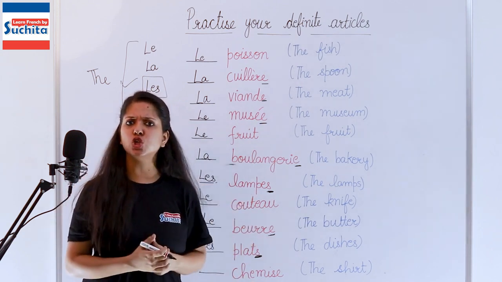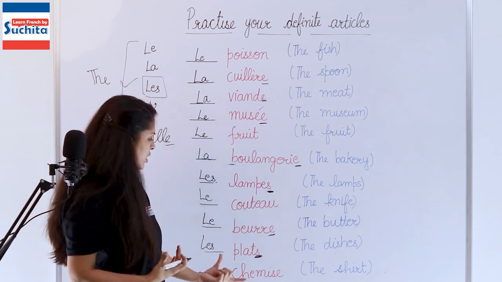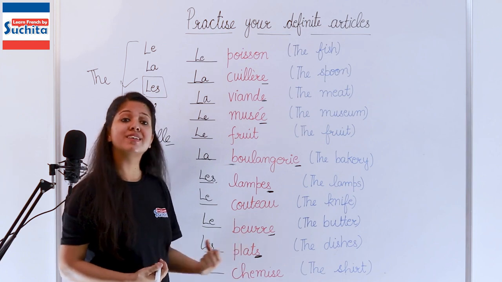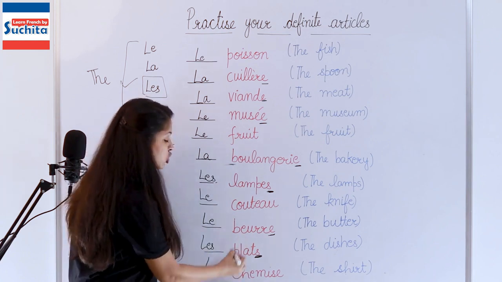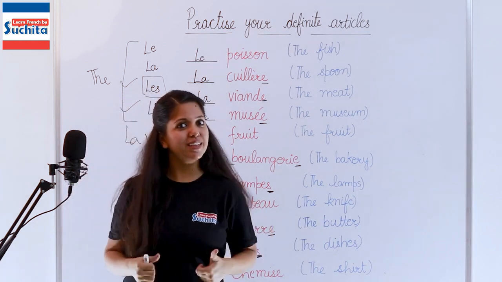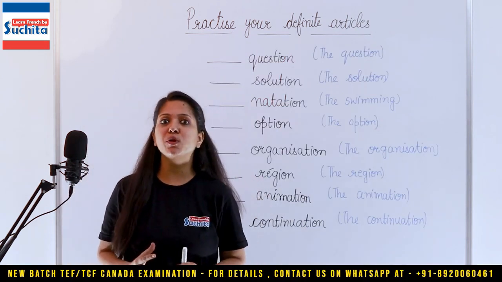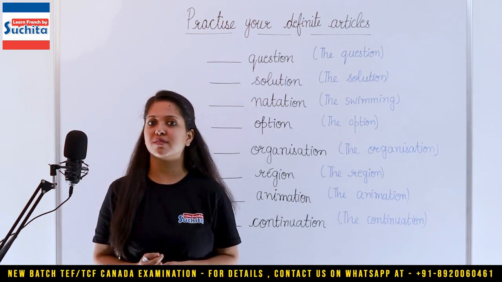Chemise means shirt. Shirt that you wear. Is it le or la or les? It is la chemise. Bravo! Très très bien. Now here I am going to give you a rule which will help you identify the exceptions.